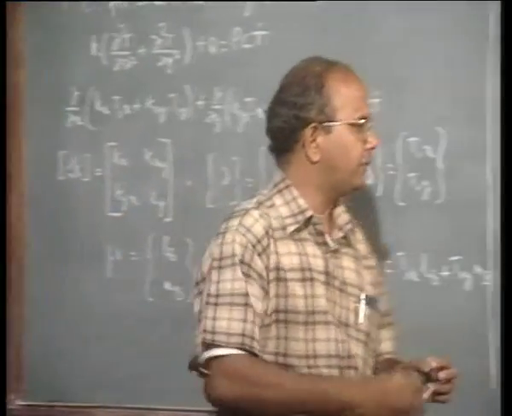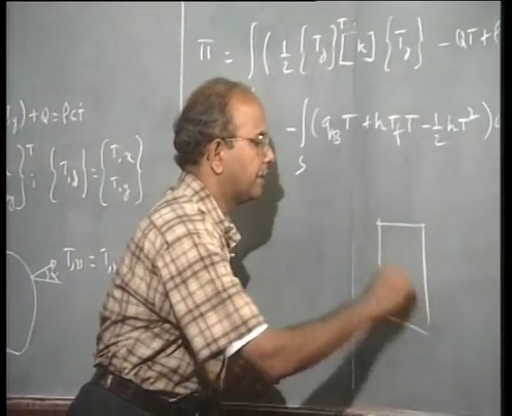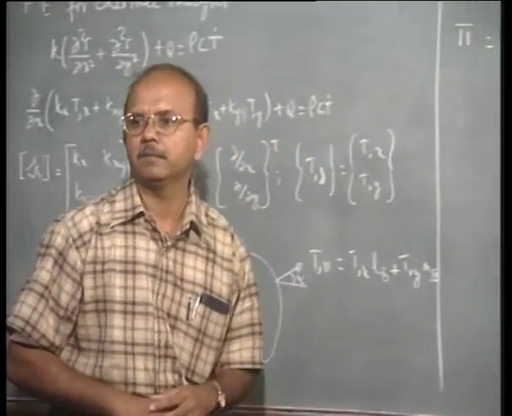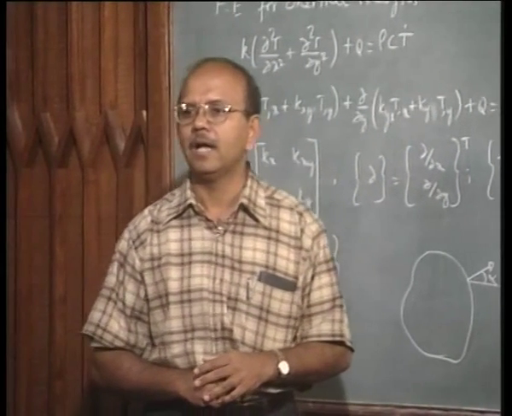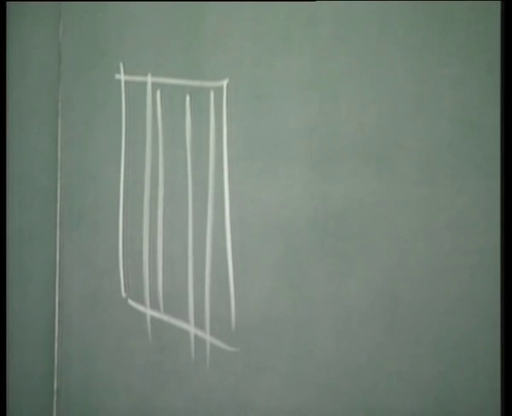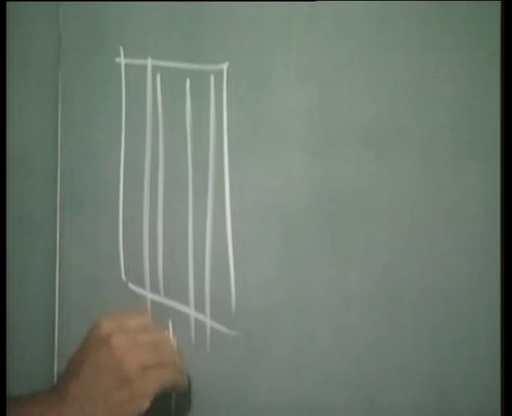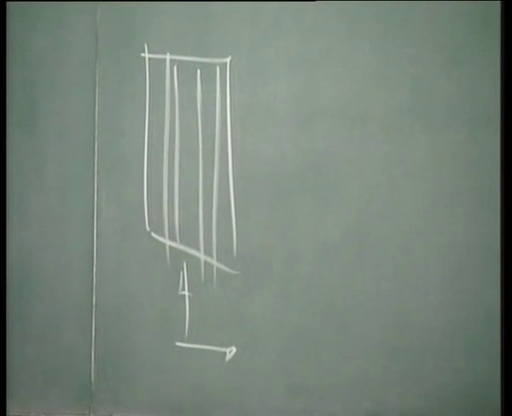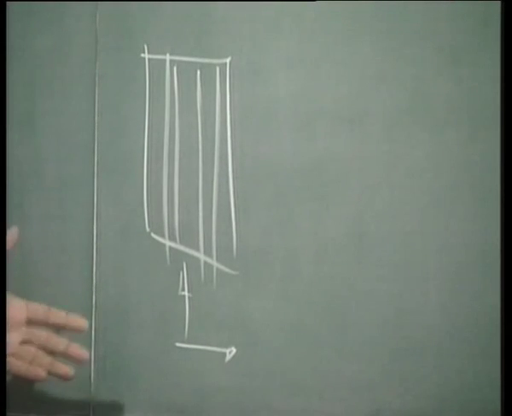Say, for example, I am going to do a problem where some fiber is running like this, and the K values in this direction and in this direction are different, and say they are the principal directions. Say one direction is 1 and the other direction is 2.